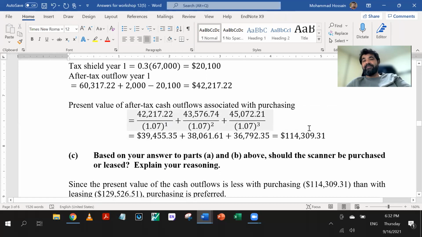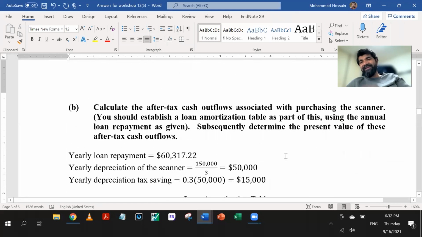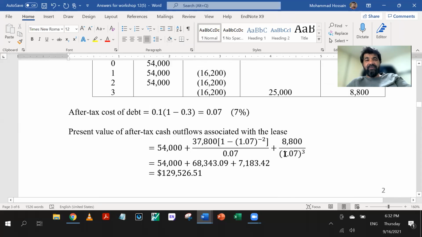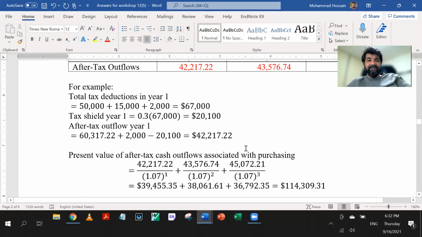Simple. But if every figure was the same, then to reduce the calculation part, we could use the annuity formula. But it's okay. You understand these things.